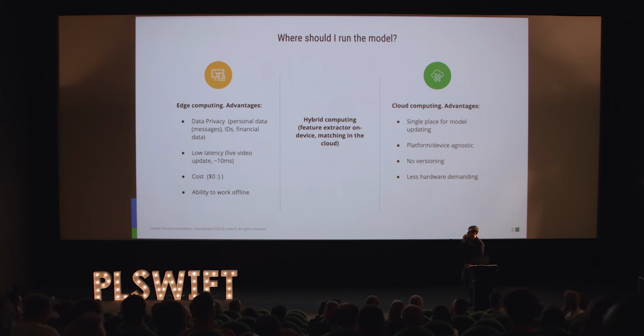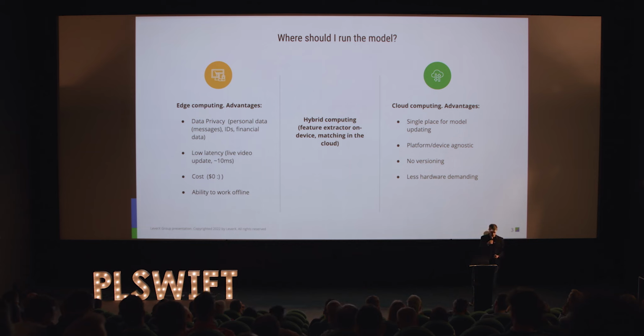The second one is low latency. If you perform something on the mobile device, it allows you to have a model inference of around 10 milliseconds, meaning that you can do something near real time. So you can blur your background on the video, etc. My favorite point is that the cost of this solution is literally zero.